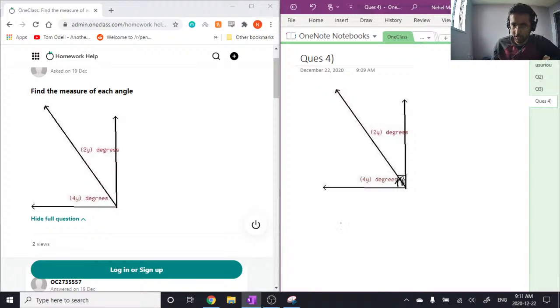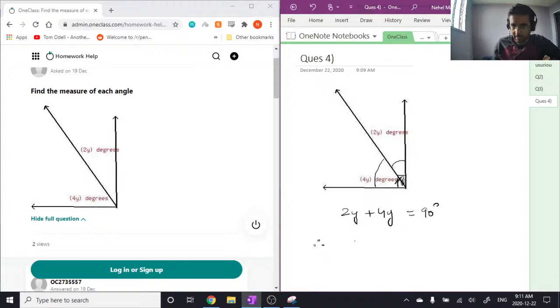So from that logic, we can say that 2y plus 4y, which is this angle and this angle, if I were to add the two, I would still get my original 90 degrees. So this is nothing but 90 degrees.